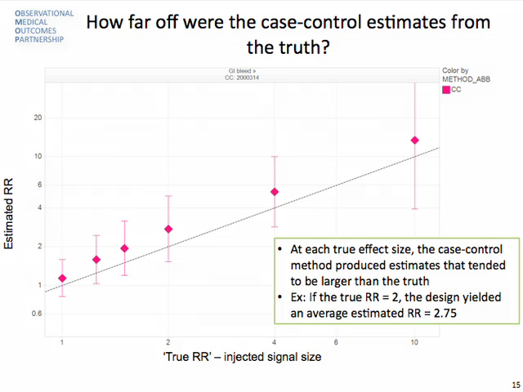And so just to give you an example, if I read off on a relative risk of 2, when we injected a 2, we know the answer is 2. You can see that on average, a case control design actually estimated somewhere closer to a 3, and sometimes a case control design estimated somewhere around a 1.7. Sometimes it estimated all the way up at like a 5.